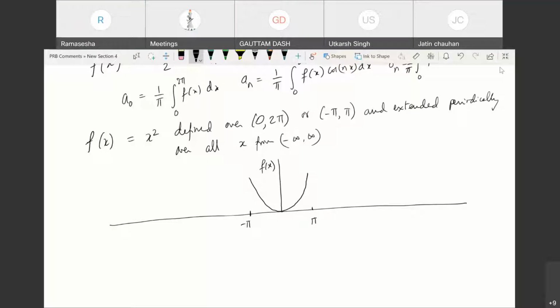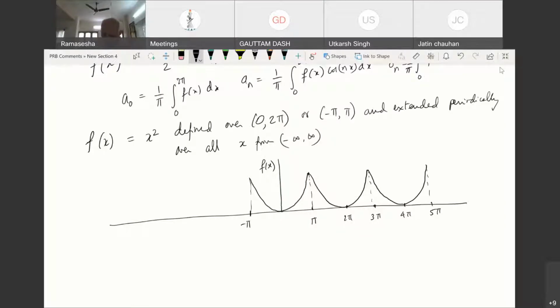So now what does it say? Similarly, I can have minus 2 pi, minus 3 pi, minus 4 pi, minus 5 pi.